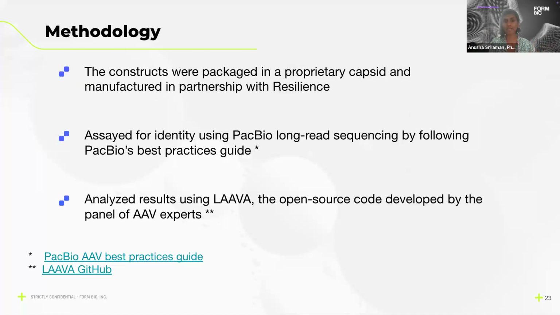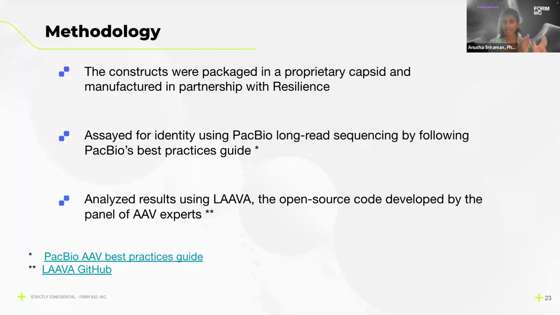These vectors were packaged in a proprietary capsid and manufactured in partnership with Resilience. We assayed for long read sequencing using PacBio, and we followed PacBio's best practices guide to ensure that the library prep was all done according to their instructions.